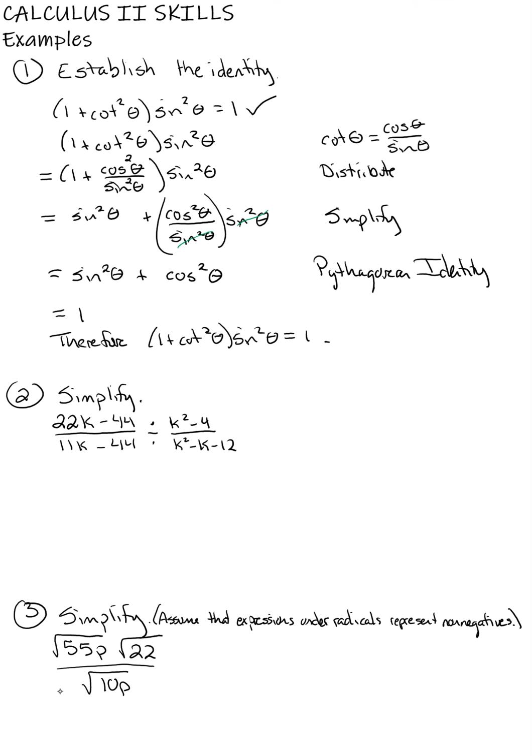First thing to do with a division problem when simplifying is rewrite it as a multiplication. So I'm going to keep the first expression as is, but now I'm going to multiply by the reciprocal of the second expression.